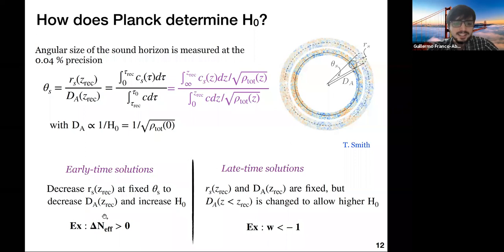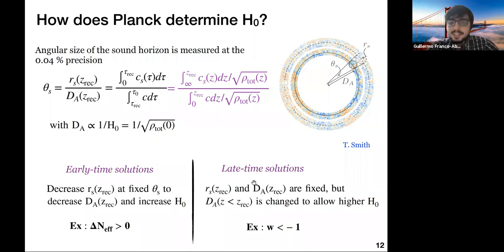Okay, so these are the early time solutions, but then one can alternatively consider modifications to the late universe, to modify the universe after recombination. So for this type of solutions, the sound horizon is fixed by construction, and therefore the angular diameter distance is fixed as well.